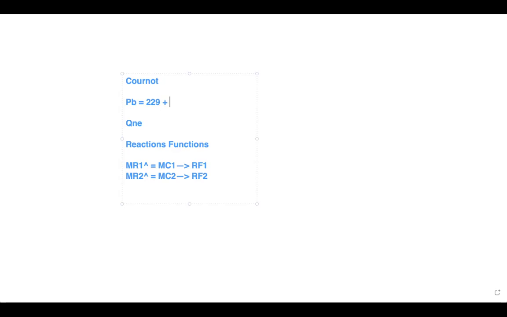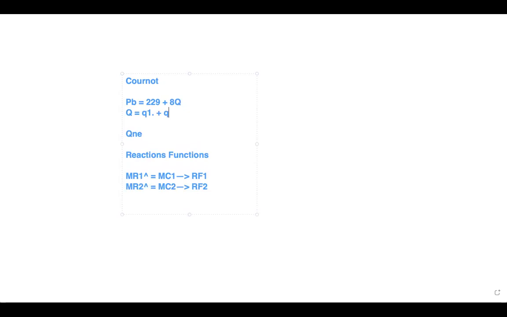Okay, so our original demand curve was 229 minus 8Q, right? And then we want to take note that Q is equal to Q1 plus Q2. Is that what you did, Mike? Yeah. And so then you reformulated this a little bit into what we can call the residual demand for firm 1 alone.